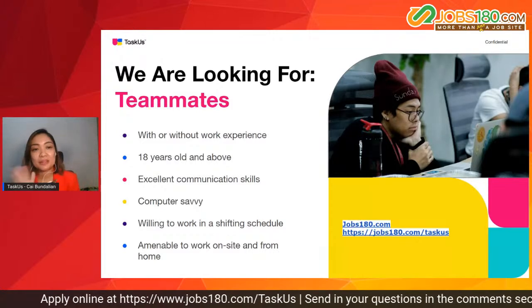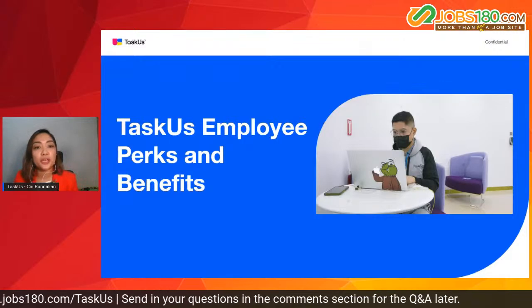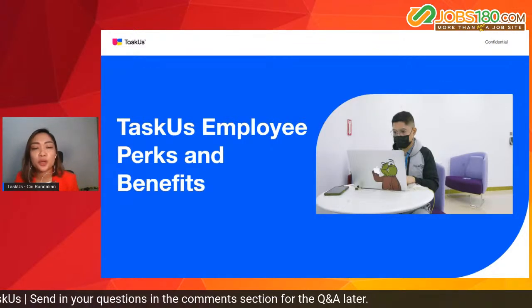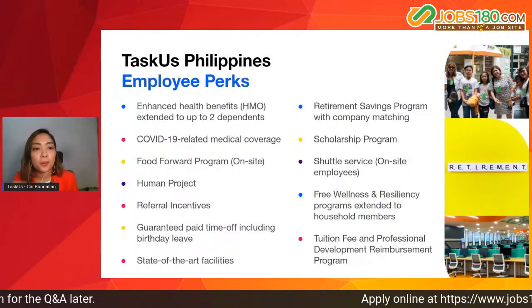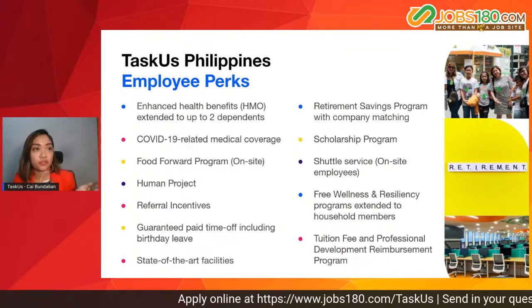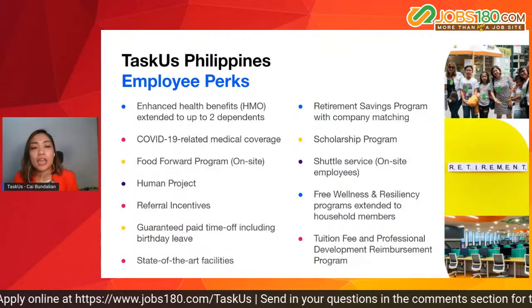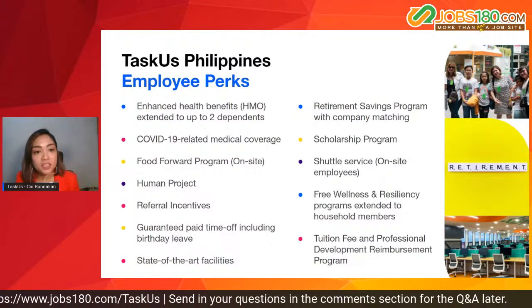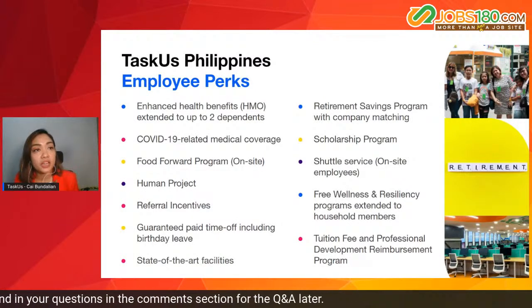Ayan. Next slide, please. So I'd like to share with you our employee perks and benefits. Aside from your monthly salary, guys, you will be able to get the following perks and benefits. Of course, we have medical insurance for you, which is extended up to 2 dependents. And given the pandemic situation now, we have our COVID-19 related medical coverage.